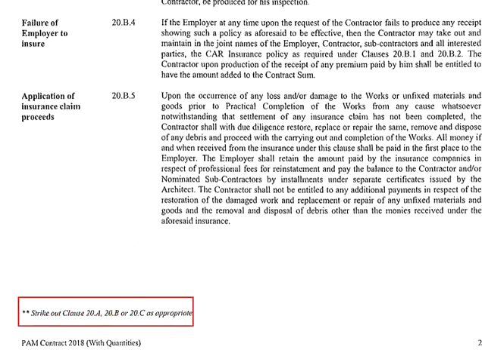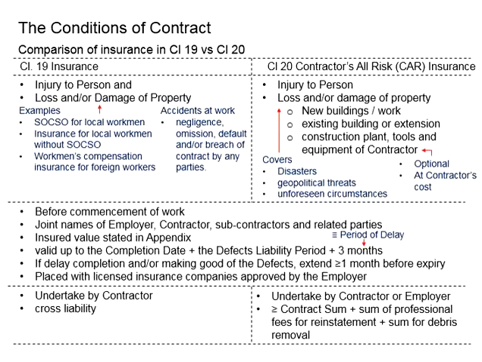Either one will be struck off as appropriate. As for the contractor's all risk insurance for existing building or extension, this will have to be undertaken by the employer. Now, in terms of the total insured sum, it will be at least greater than the contract sum plus the sum of the professional fee for reinstatement plus the sum of the debris removal.